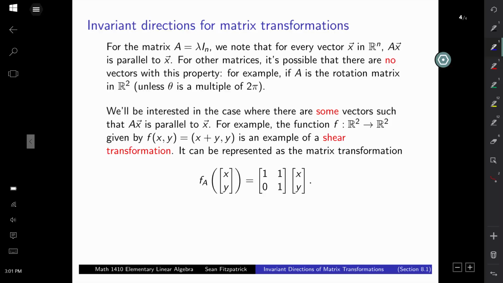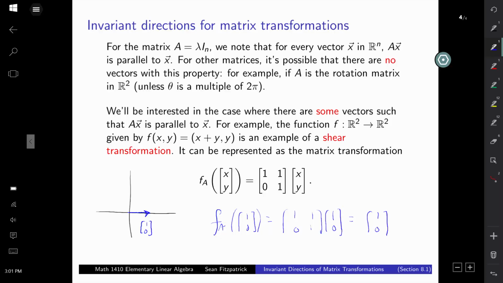This is a transformation which, if we were to graph it, okay, so if I put in the vector, here's sort of (1, 0). If I calculate f of (1, 0), you can calculate (1, 1; 0, 1) times (1, 0), that's going to be, well, (1, 0).